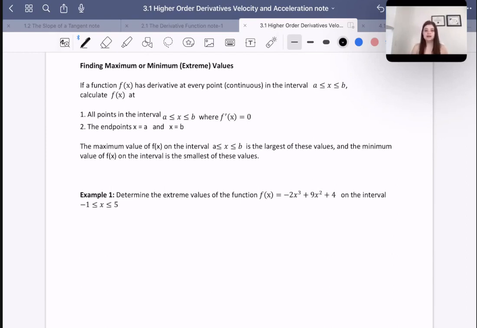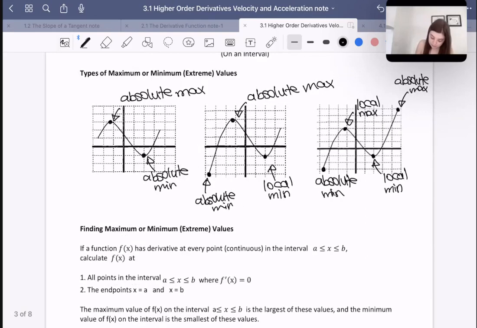Because again, if the derivative is 0, that means the slope of the tangent is 0, and at every turning point, every minimum or maximum, whether it's the global or local, right? Or I should say for every local max or min, it's going to have this. But the other place where we might have minimums or maximums is the endpoints.